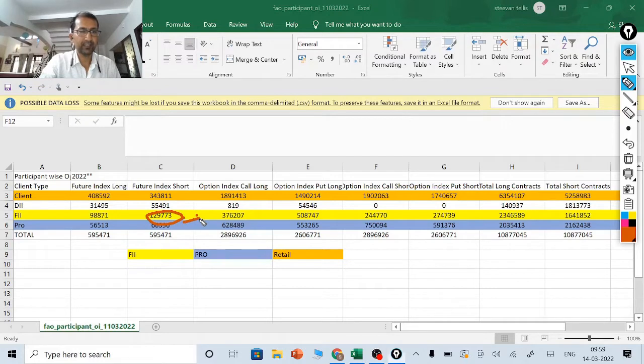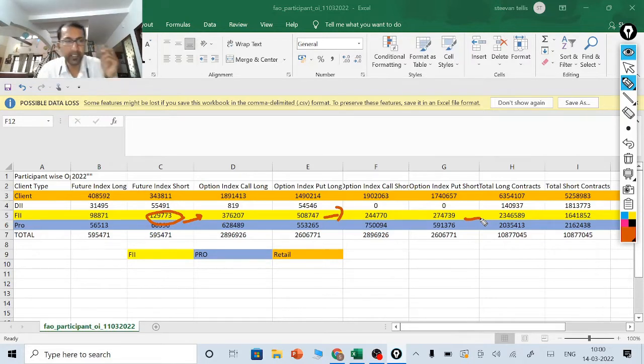So FIIs are short in the index, and in the options you can see they have got very high positions in put. So FIIs view is bearish, and even they have shorted calls and put almost to the same tune.